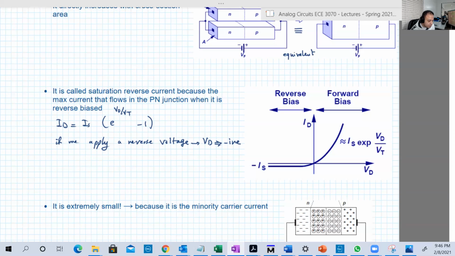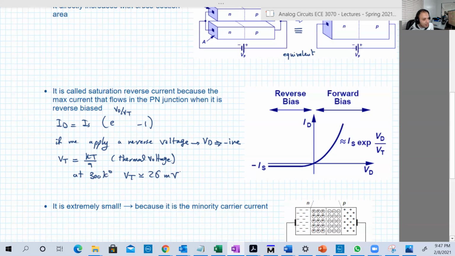So VT, which is KT over Q, is called the thermal voltage. At 300 Kelvin, VT is approximately 26 millivolt. Good.